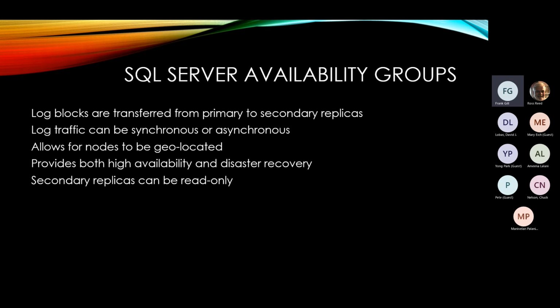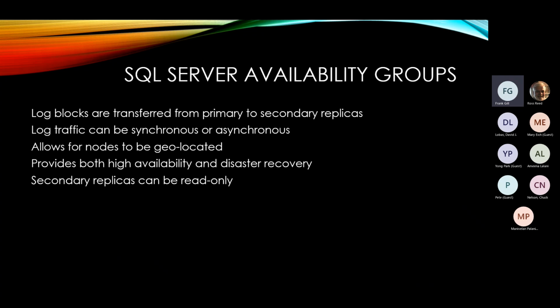And so asynchronous says, okay, I'm processing my transactions on my primary side, and I'm writing those log blocks to that asynchronous secondary, but I don't want to have to wait for that notification to come back. So it just pushes the log blocks over, and the secondary applies them as it can. And there's no notification, there's no bottleneck that happens because of that application on the secondary side.